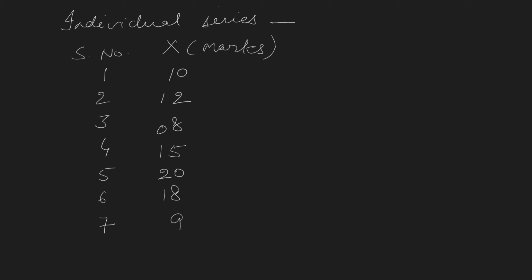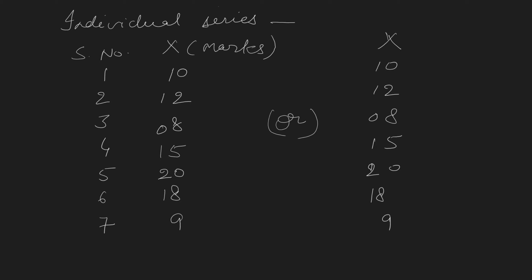It is not always necessary that the serial number is given here. In this series, somewhere you can find simply some values of x written like 10, 12, 8, 15, 20, 18, 9.